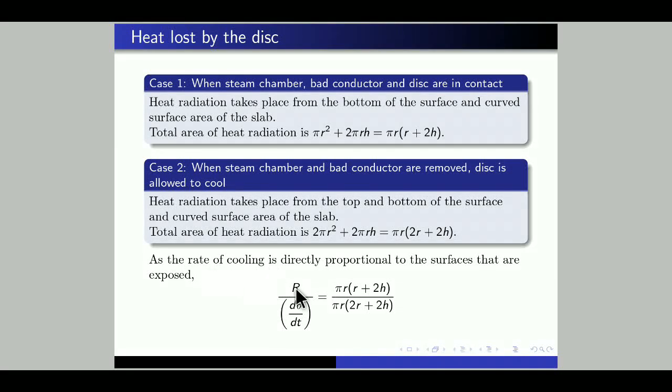So the rate of cooling R divided by d theta by dt, which we found at the steady state temperature theta 2, should be equal to pi r into r plus 2h by pi r into 2r plus 2h.